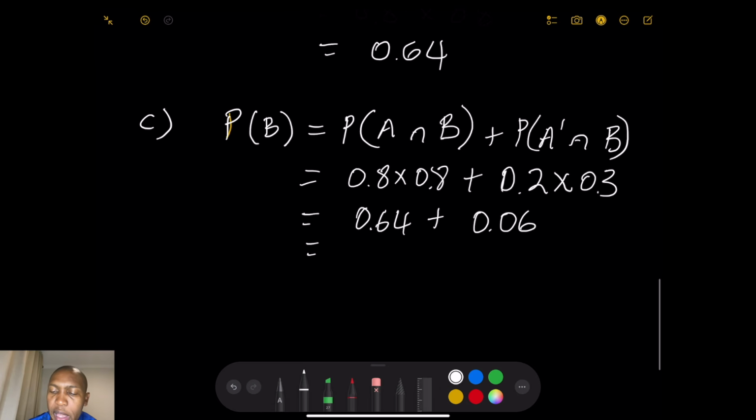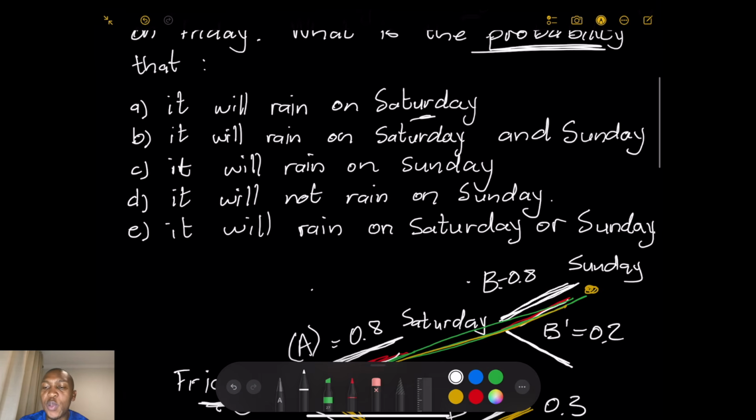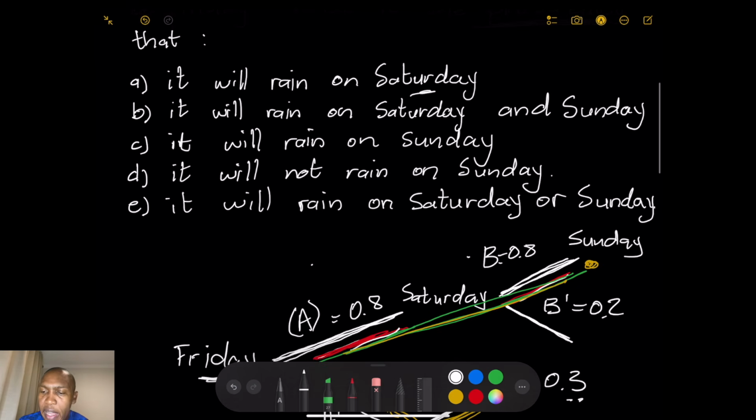Okay, so if we add those two, 0.64, and we get 0.7. So the chances that it will be raining on Sunday, in this case, are 0.7. Okay, right. I hope that makes sense, ladies and gents, as we look at the last question.